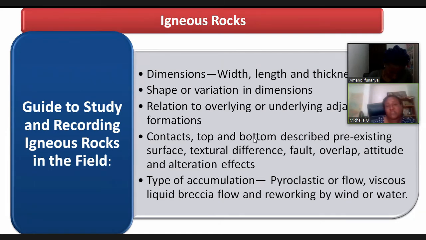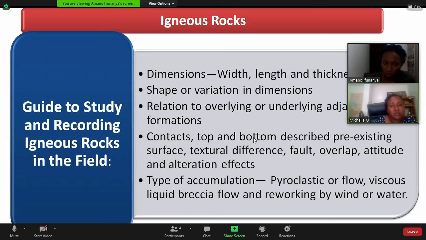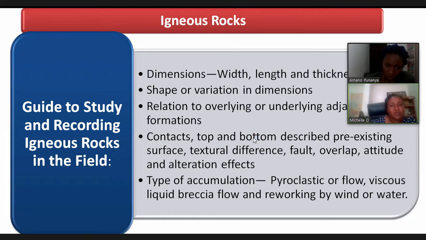Sir, let me quickly ask a question here before we move. All these mountains we have in the world, are they not made up of igneous rocks? Are they not igneous bodies? Yes, mountainous areas, some are igneous, some are metamorphic. Most of them are granitic.